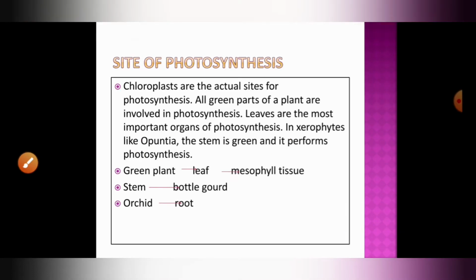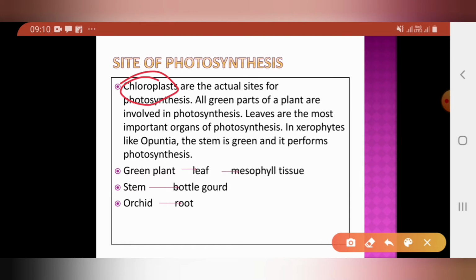So now, what is the site of photosynthesis? Generally photosynthesis occurs in green plants within the chloroplast. The chloroplast is within the leaf, in the mesophyll tissue. And photosynthesis also occurs in the stem and root of green plants.